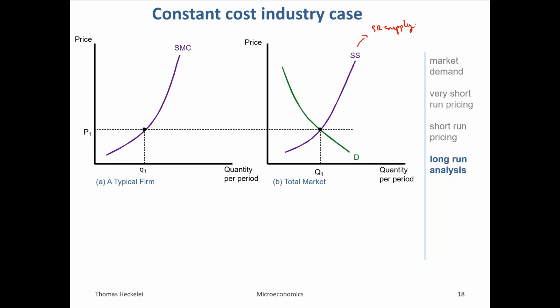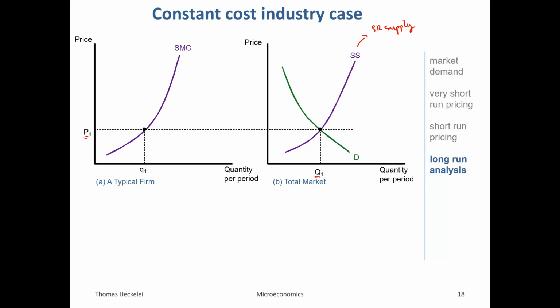So we look at the first period of that, where the short run market equilibrium is at Q1 and P1. This is where the short run supply curve crosses the demand curve of the market.